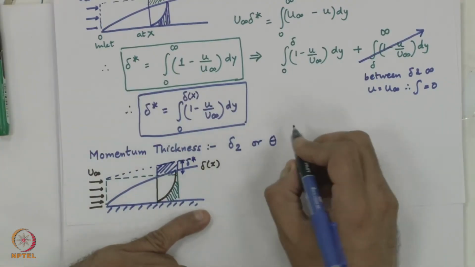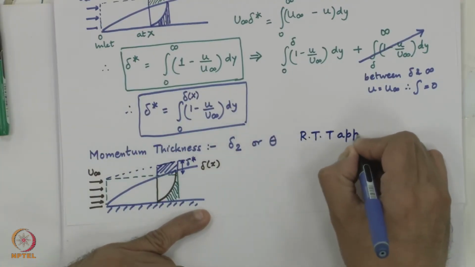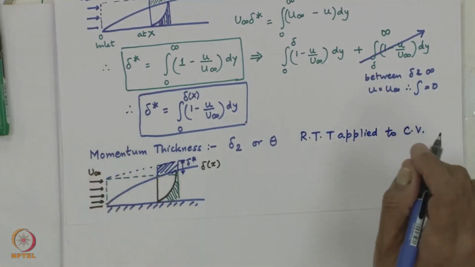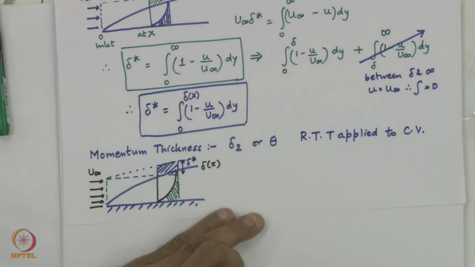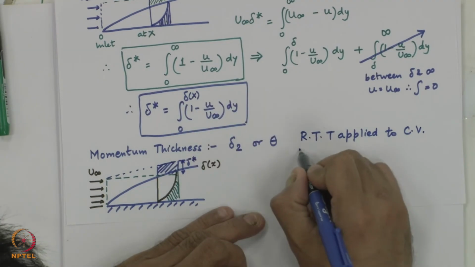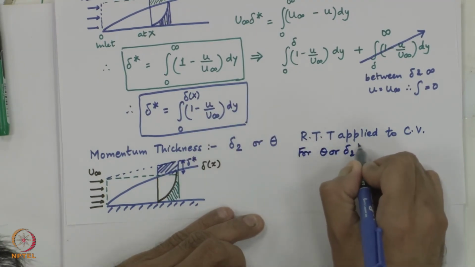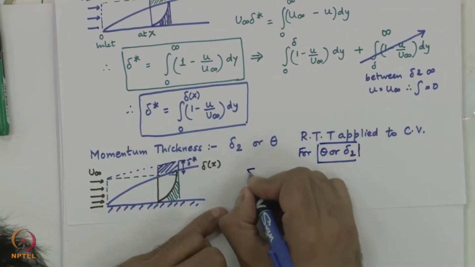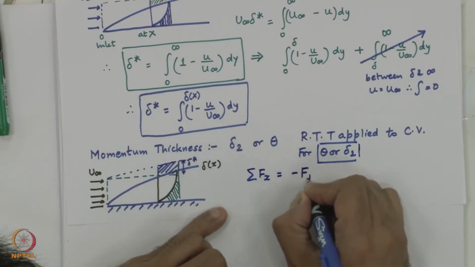So, if I apply Reynolds transport theorem to the control volume shown here, we would get the same thing as for displacement thickness. So, for momentum thickness, what do we need to do? For theta or delta 2, I would write sigma F x is equal to minus F drag.